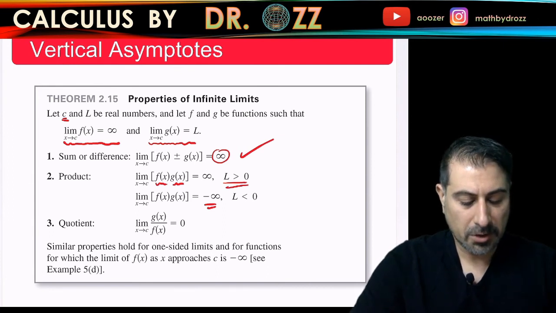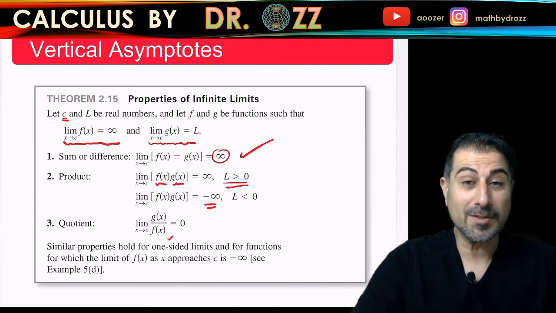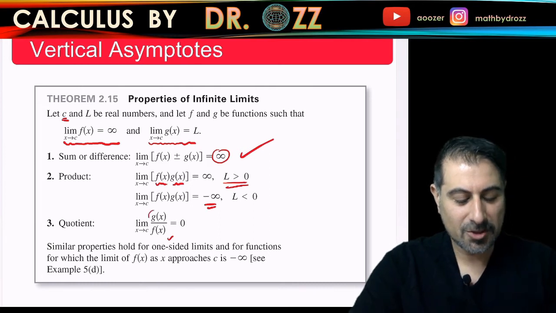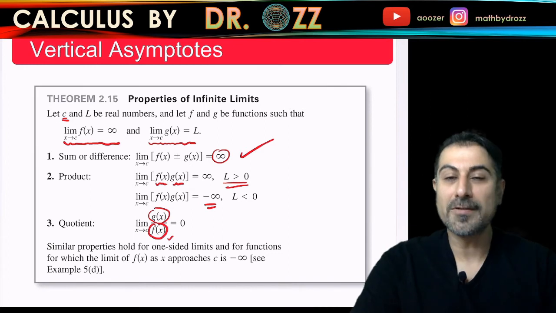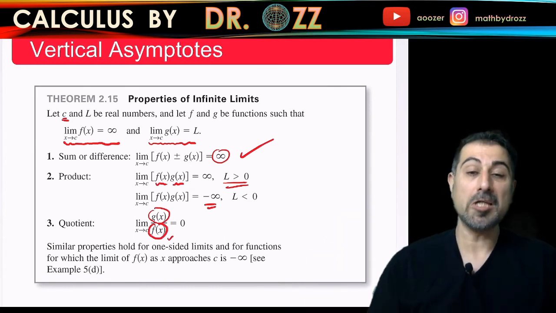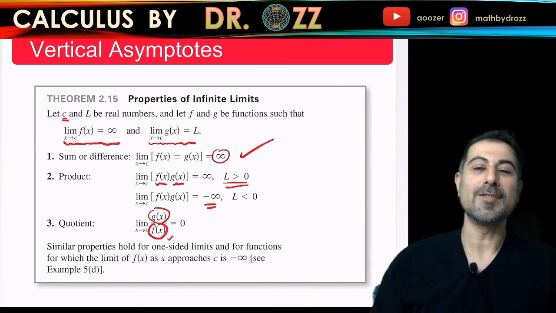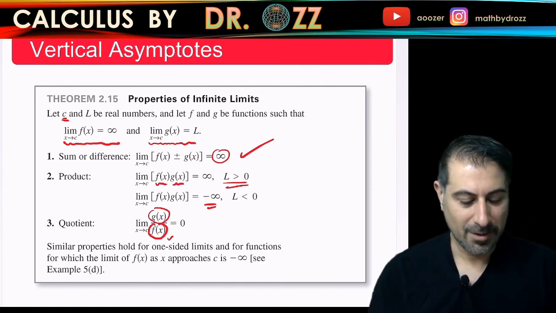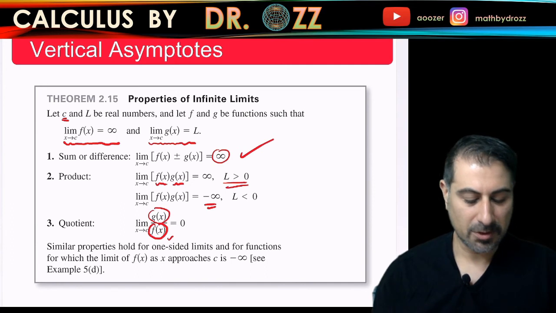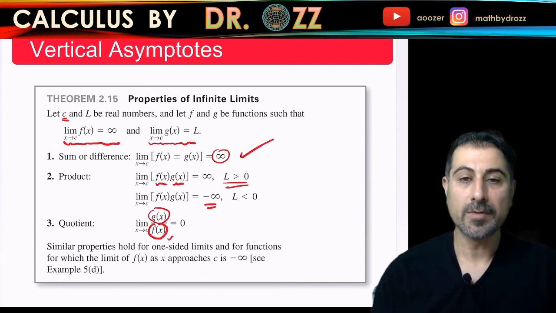The limit of the quotient is going to tend to 0 because g tends to a finite number, and f tends to infinity, which is extremely large. A finite number divided by an extremely large number is going to take you to 0. So we're going to use these properties along the way for the next example.